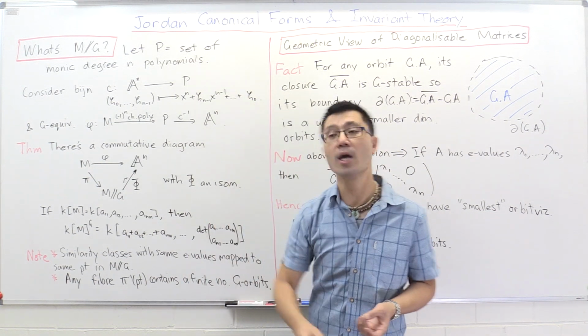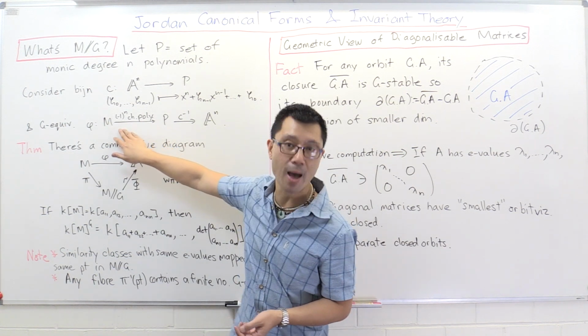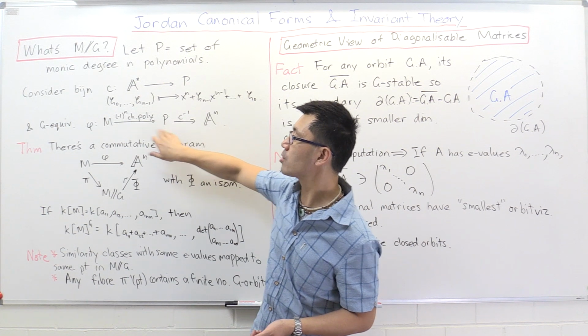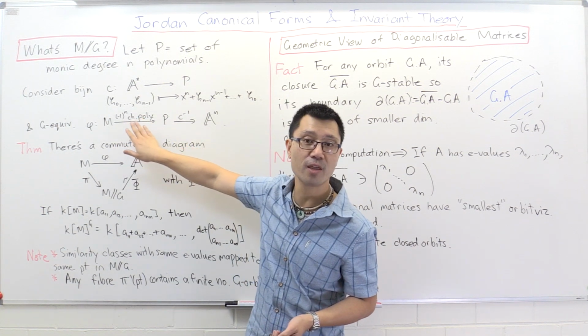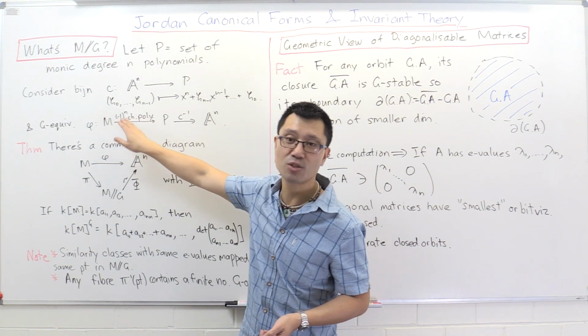So the first thing you do is you look at the characteristic polynomial. So now we can interpret this as a map from M to this set P of monic polynomials. Of course, depending on how you define the characteristic polynomial, you may need to multiply by a sign to make it monic.